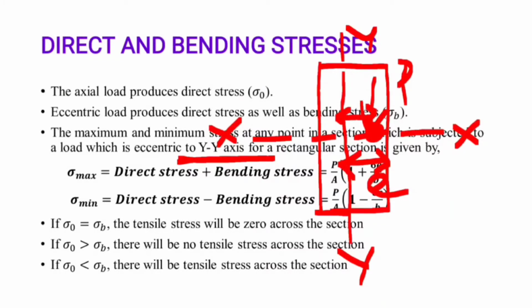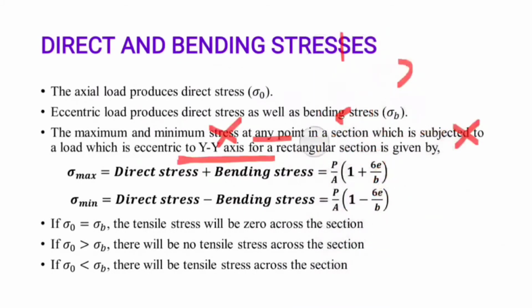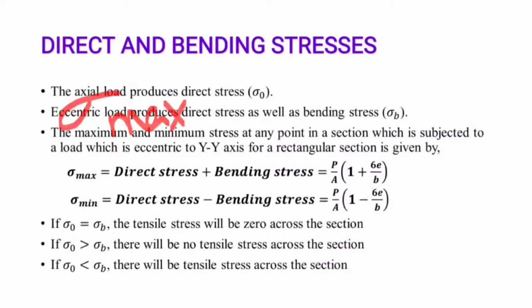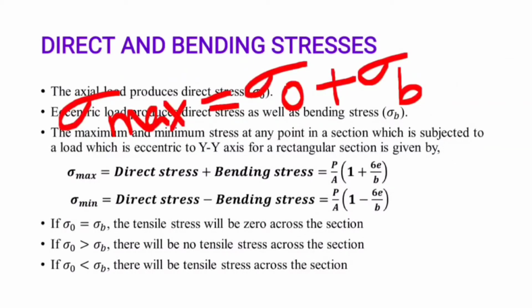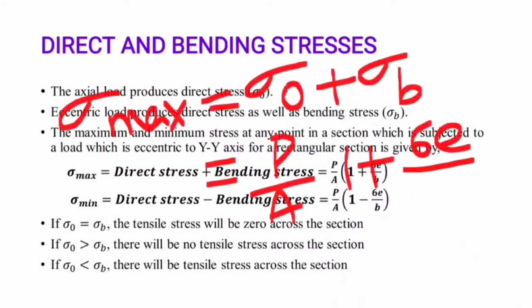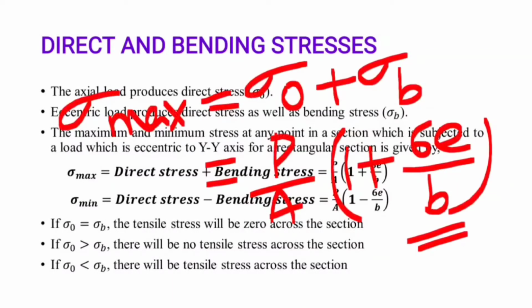What are the maximum stresses and minimum stresses at any point, we can calculate. Sigma max will be direct stress plus bending stress. The formula will be P by A into 1 plus 6E by B. This is the formula for sigma max.